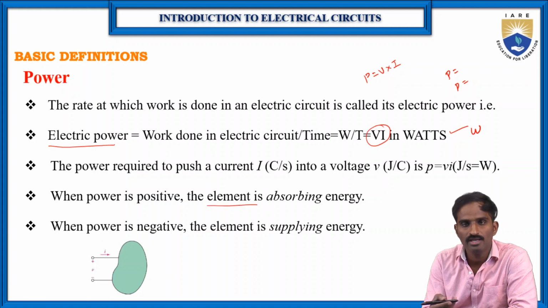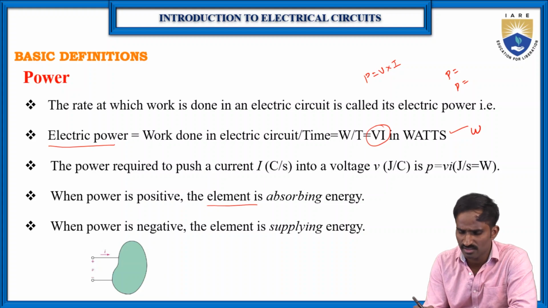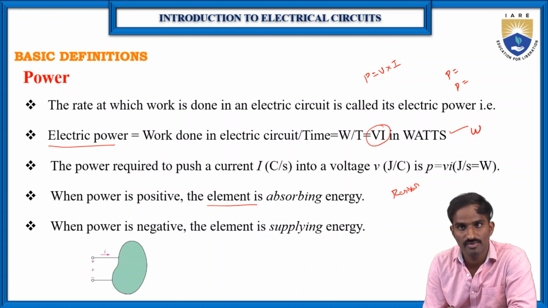Let us consider the basic electrical elements; we will also see the various types of electrical elements. Let us consider a resistor. When power is positive, the element is absorbing energy, meaning the resistor is absorbing the energy.